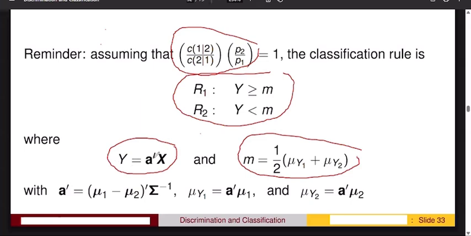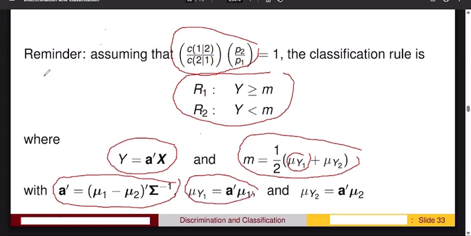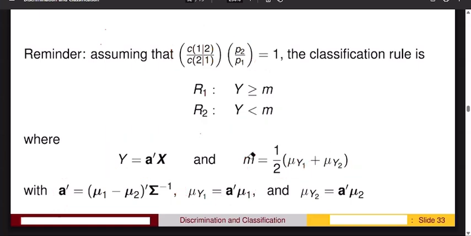So what is a prime? The a prime is a function of the means and the inverse of the covariance. Take a look at that. And of course, you may be wondering how am I going to get this. Oh my God, it is that. Please pay attention. There's a lot of calculation here in each of that.